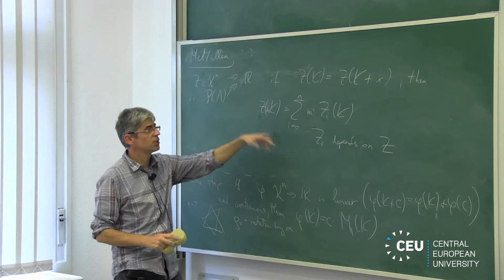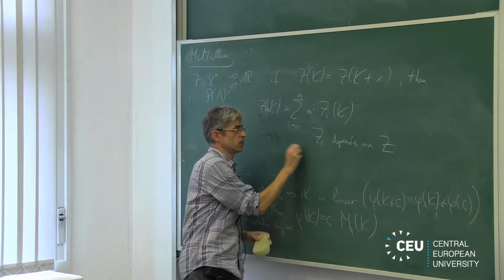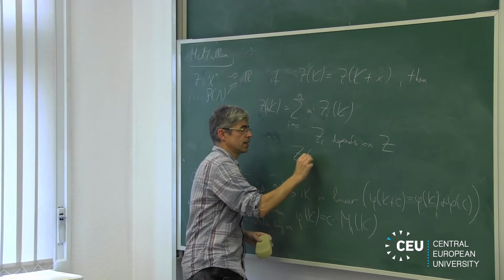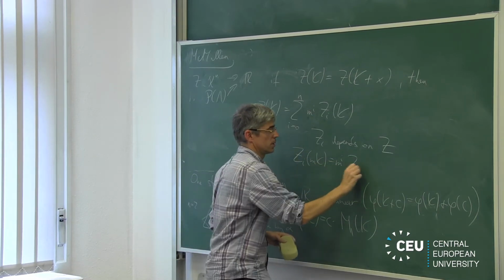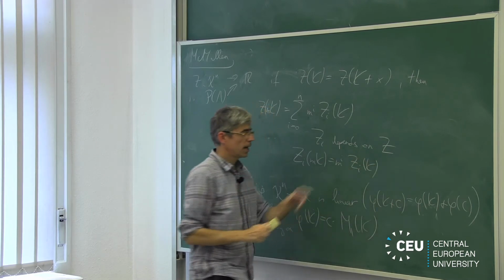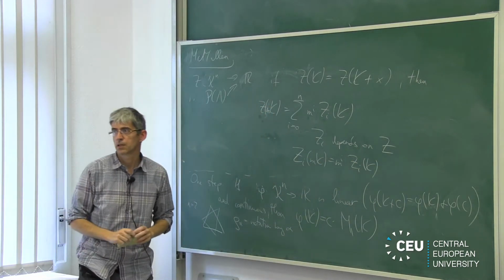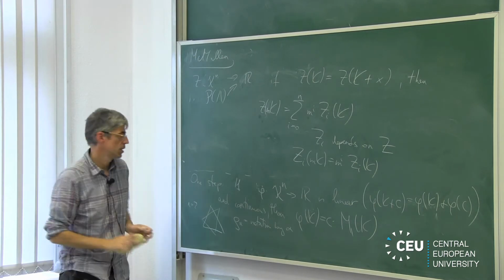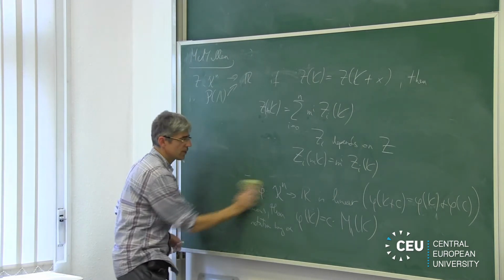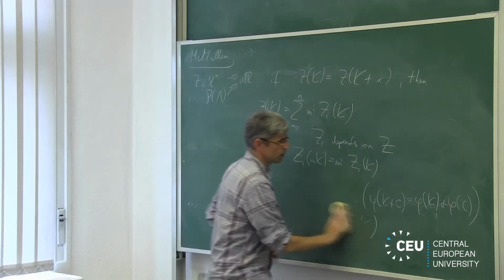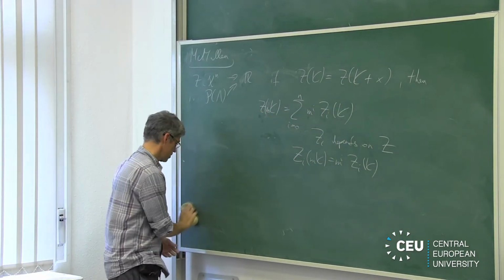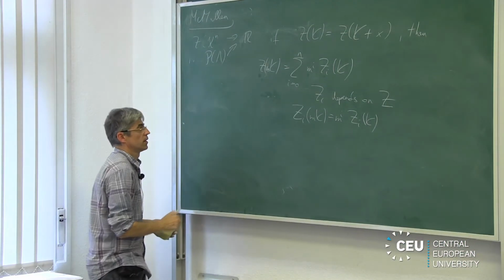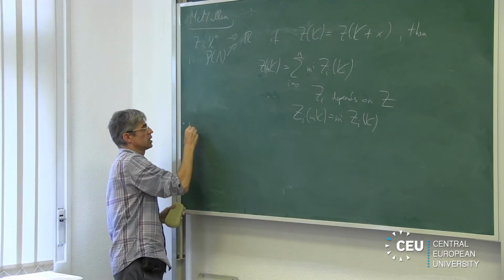Anyway, it's still much easier, because then Z_i K is homogeneous: Z_i of mK is m^i times Z_i K, and it's much easier to characterize this type of valuation. So the real question is, what happens if I get rid of the assumption about translations?